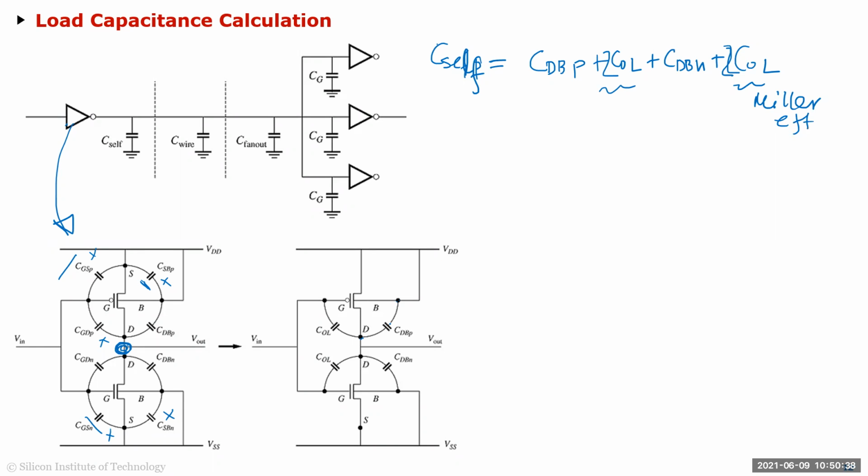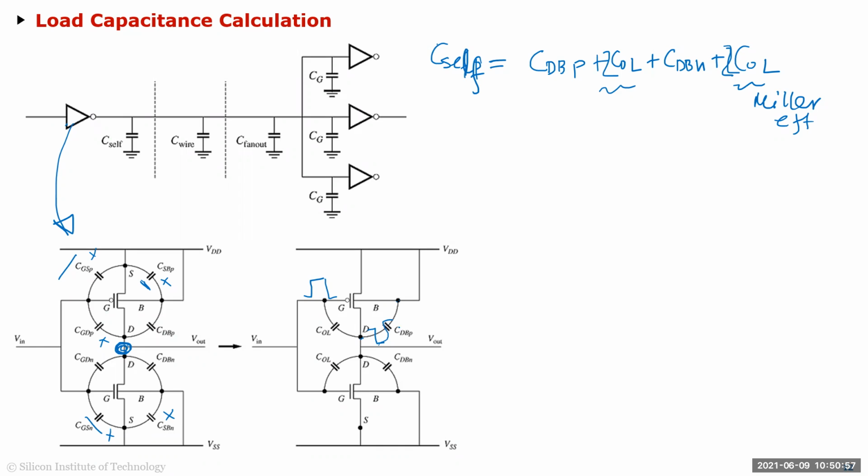Because what happens is, this is a digital gate. Every time this goes from low to high or high to low, this is obviously going high to low. Or if this was going low to high, that means your input is going high to low, right? So they're always in the opposite direction by the same amount, VDD.